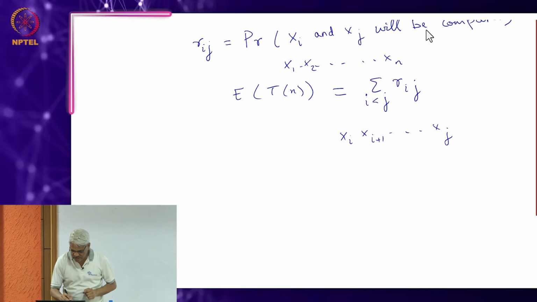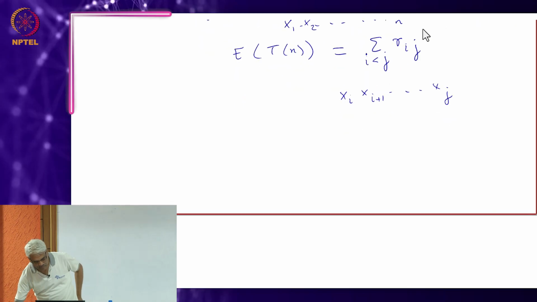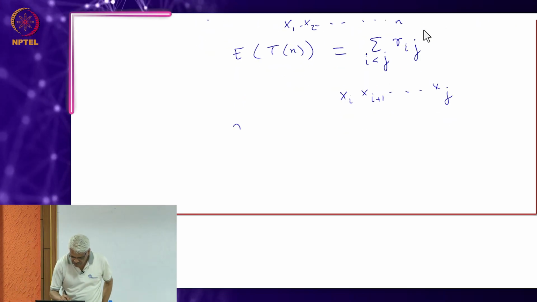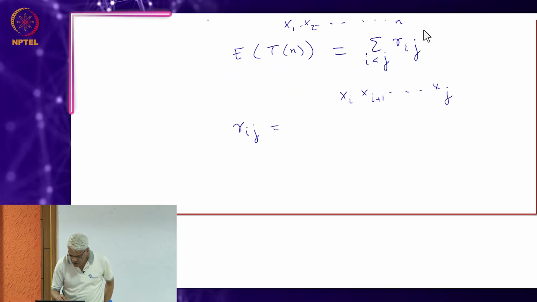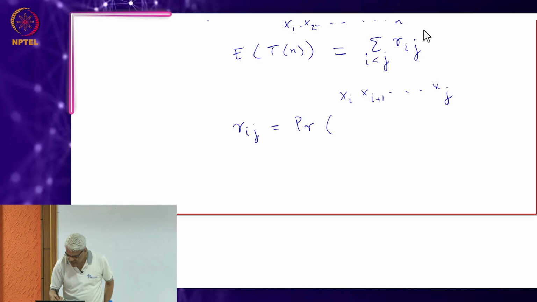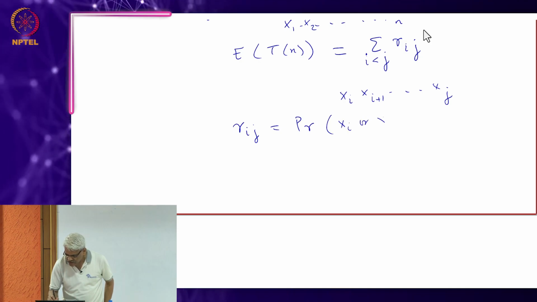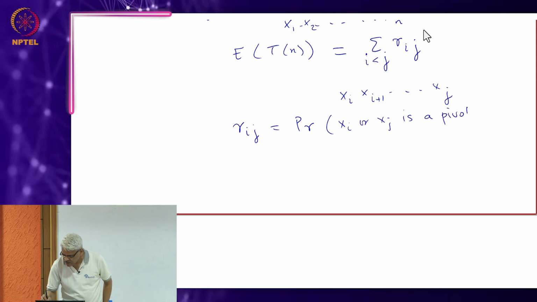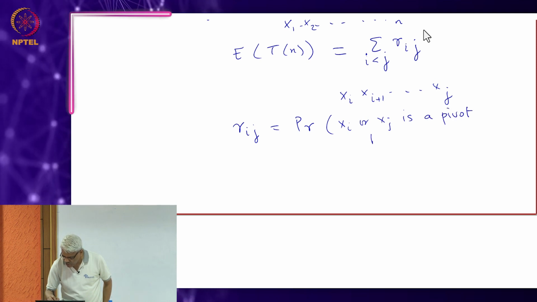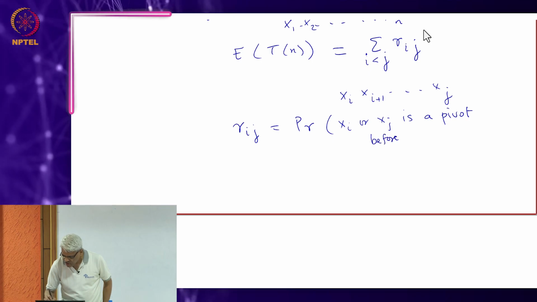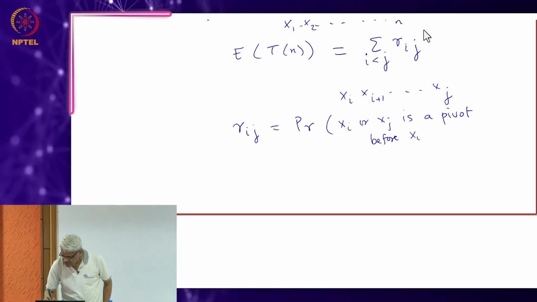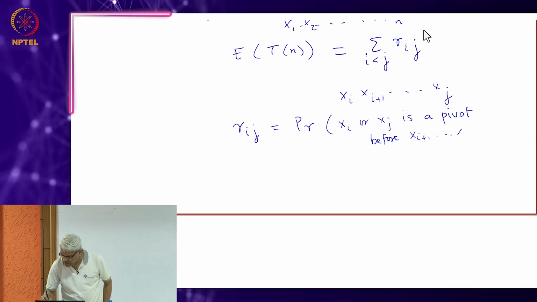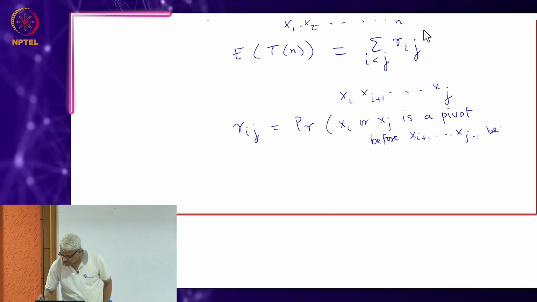Okay, so I'm going to write this. Rij equal to probability that xi or xj is a pivot before xi plus 1 to xj become pivot.